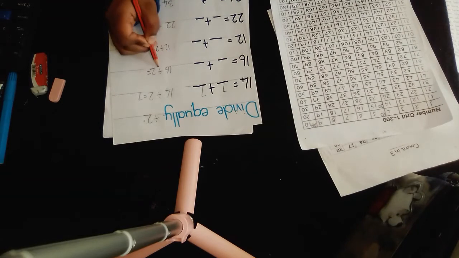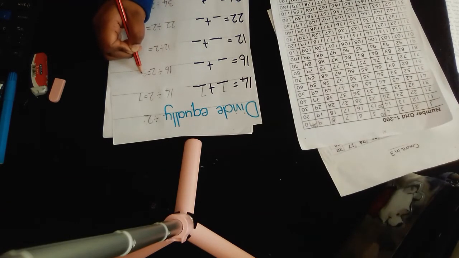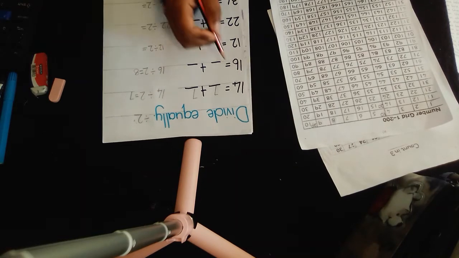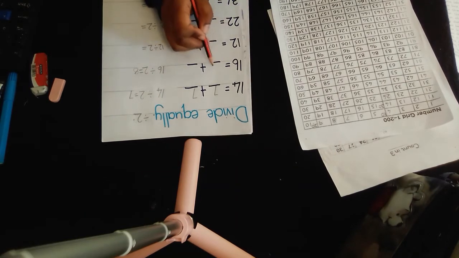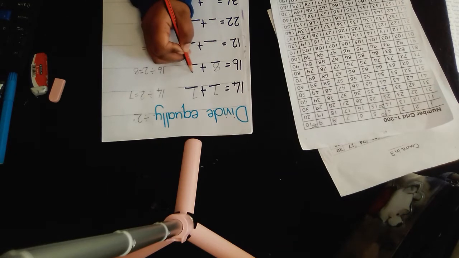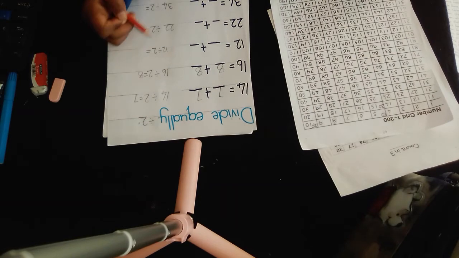So 16 divided by 2 is equal to 8. I stopped at number 8. What comes on this line? 8. And the other line must also have an 8, because my answer is 8.